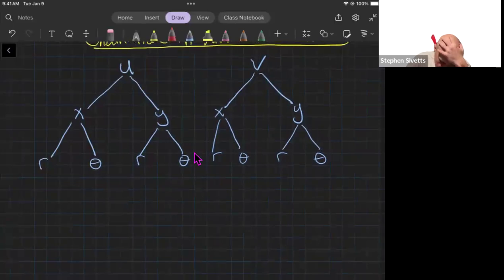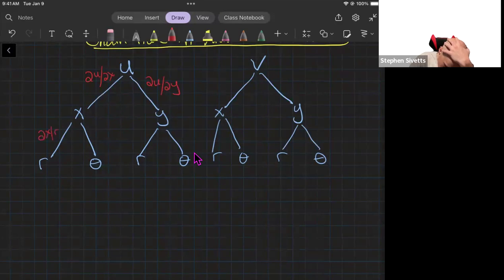So to get from these lines, this would be labeled as the partial of u with respect to x. This is the partial of u with respect to y here. And these lines on the bottom indicate the partial of x with respect to r, partial of x with respect to theta, partial of y with respect to r, and the partial of y with respect to theta.